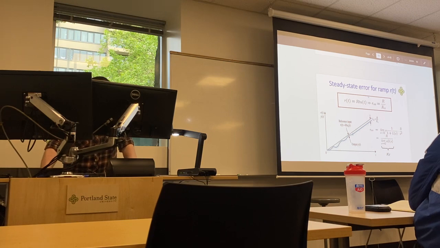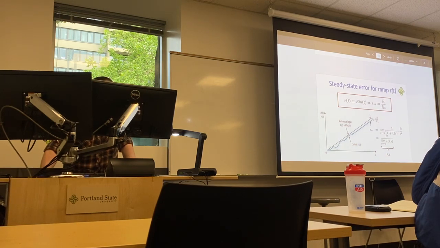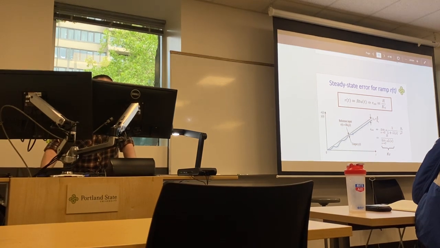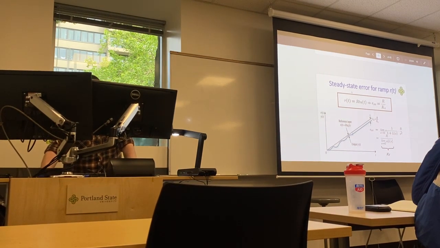If we're looking at an input of the unit ramp, here's our input, and here is the output, which oscillates a little bit. But doing the same thing, the unit ramp would equate, with Laplace transform, to our amplitude, or constant, over S squared.